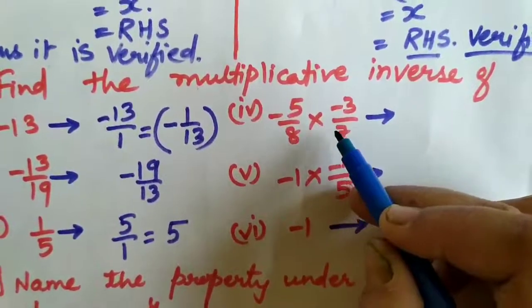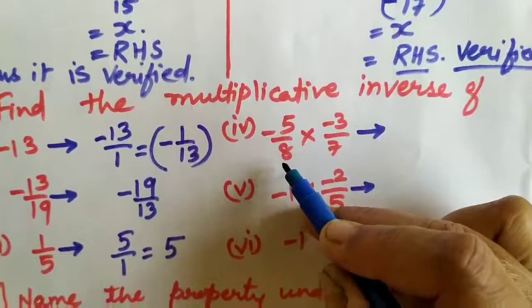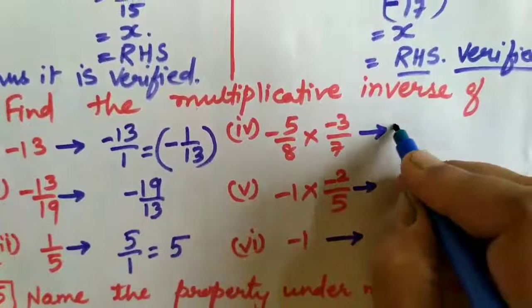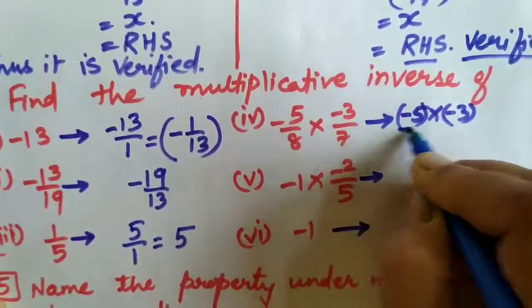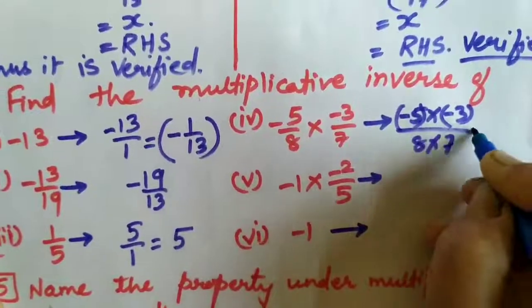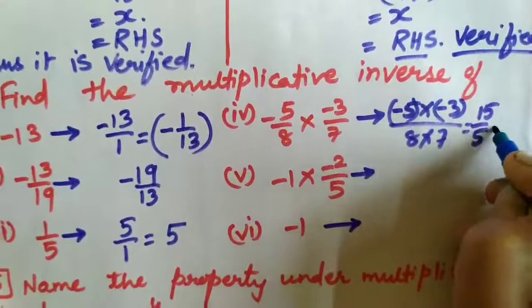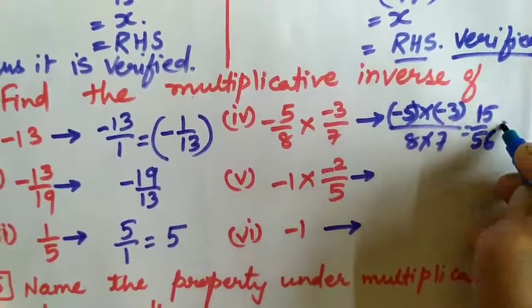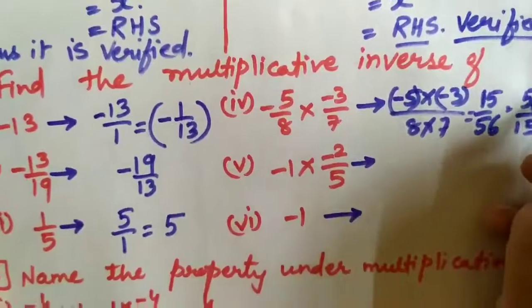Now numerator will multiply with numerator and denominator will multiply with denominator. So minus 5 into minus 3 upon 8 into 7 equals 15 upon 56. And if we invert the number, it will be 56 upon 15.